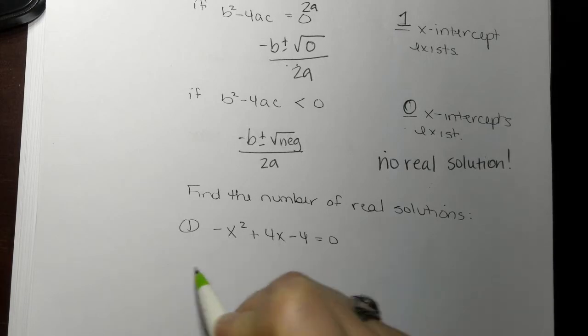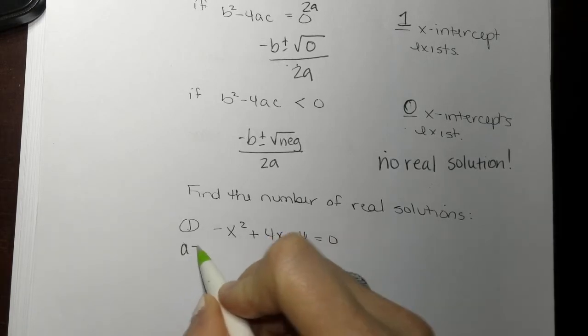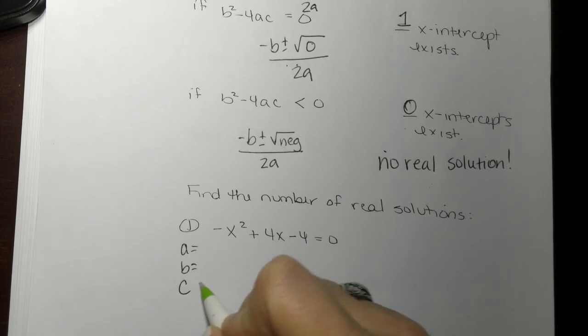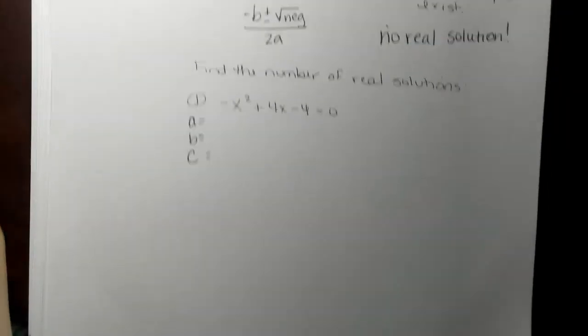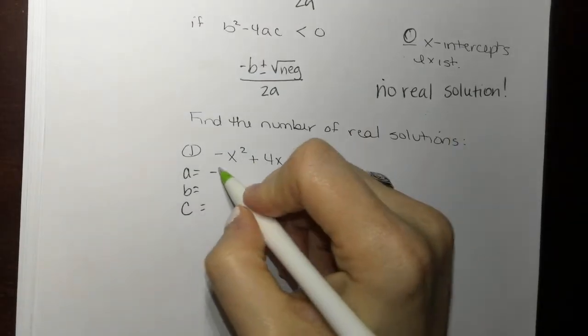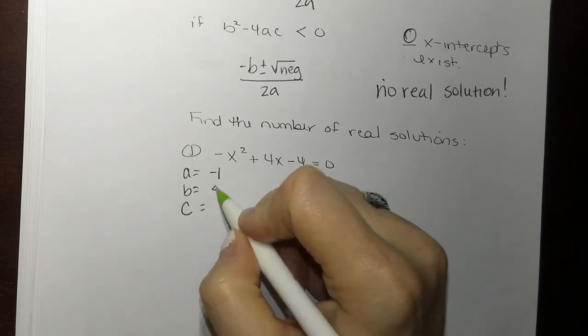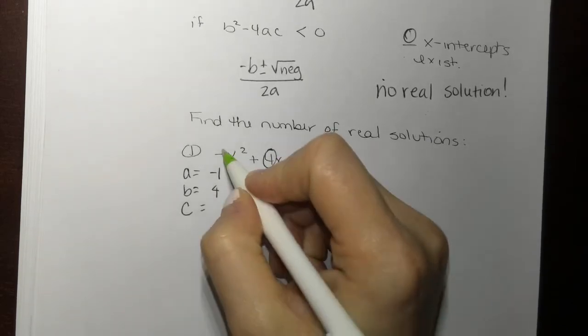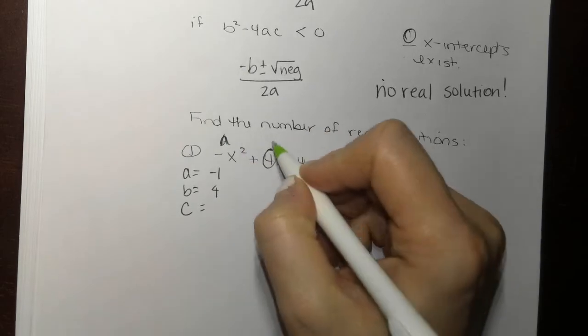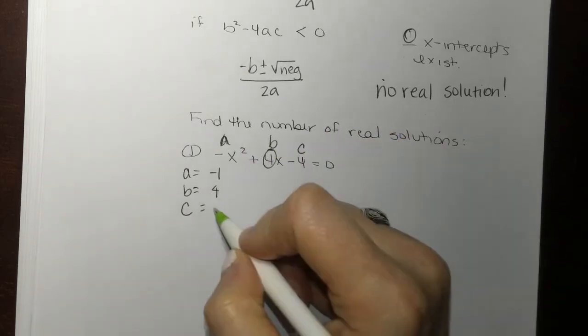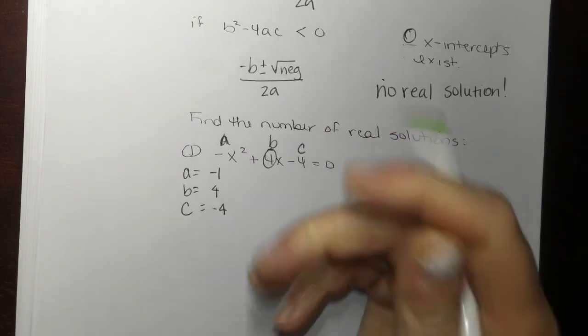Alright, so we're going to find the number of real solutions here. Let's go ahead and just write down our A, our B, and our C. Our A is a negative 1. Our B is a 4. And our C is a negative 4.